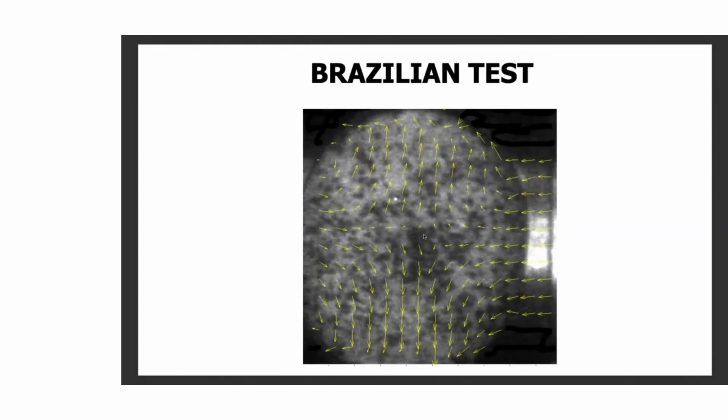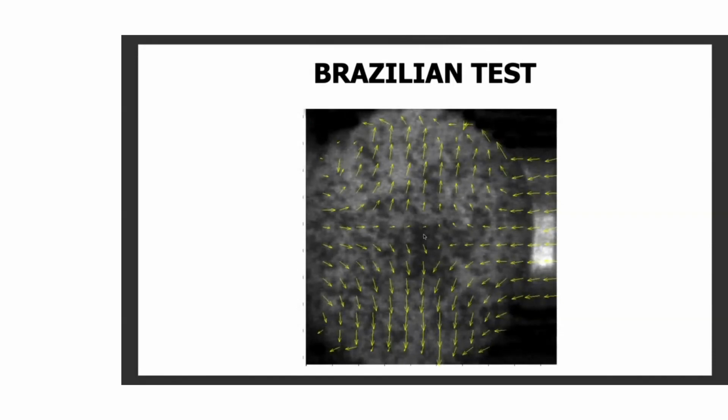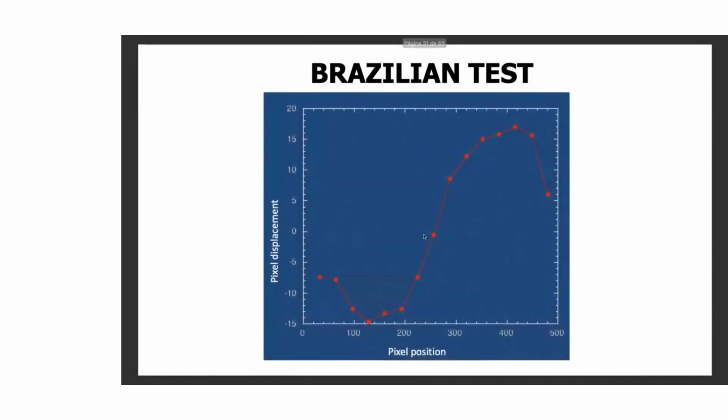And again, we can see the motion in the system. We can measure pixel displacement across the image and show the variation with position of the material.